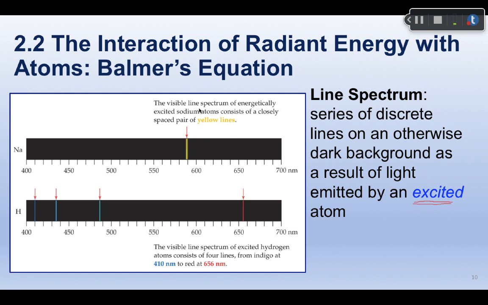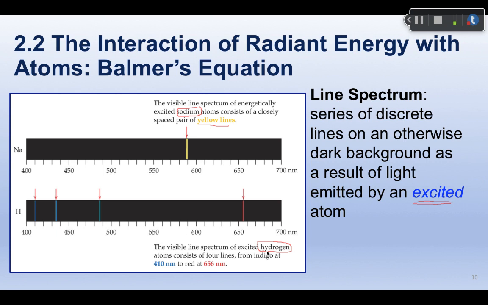The one at the top here is sodium, and sodium has specific colors of light that are characteristic. Particularly a yellow one is common for sodium. Probably you've seen it in a typical flame. You see a lot of sodium color. And for hydrogen, the graph at the bottom, the lines in the visible spectrum are several.